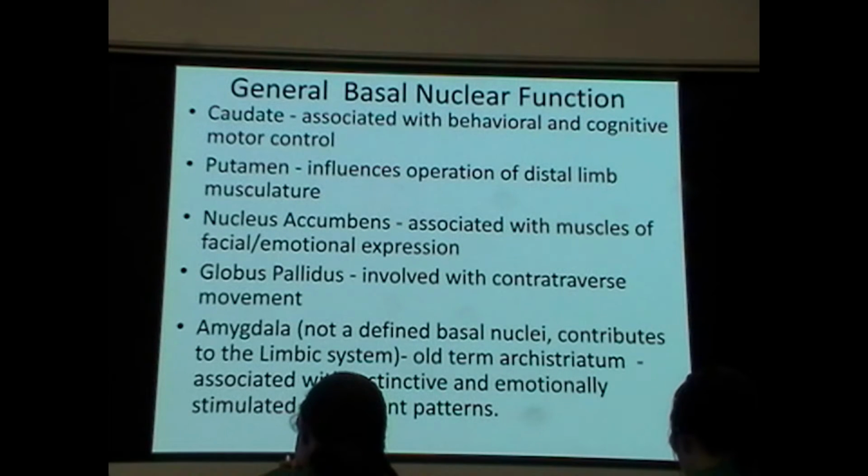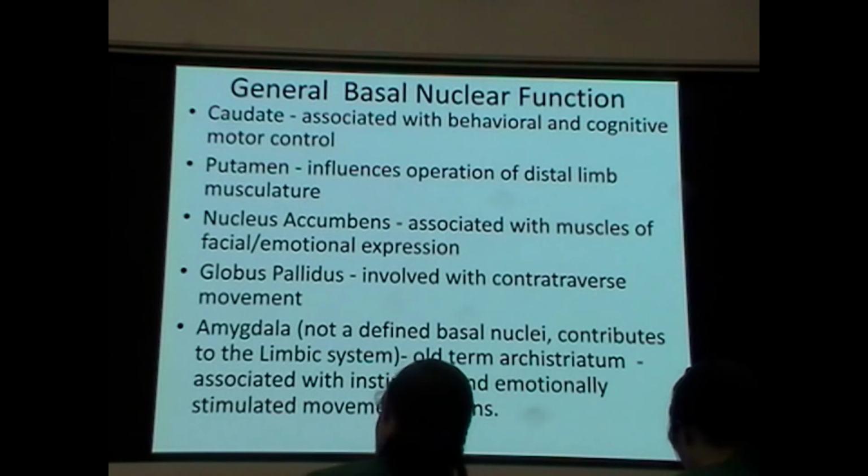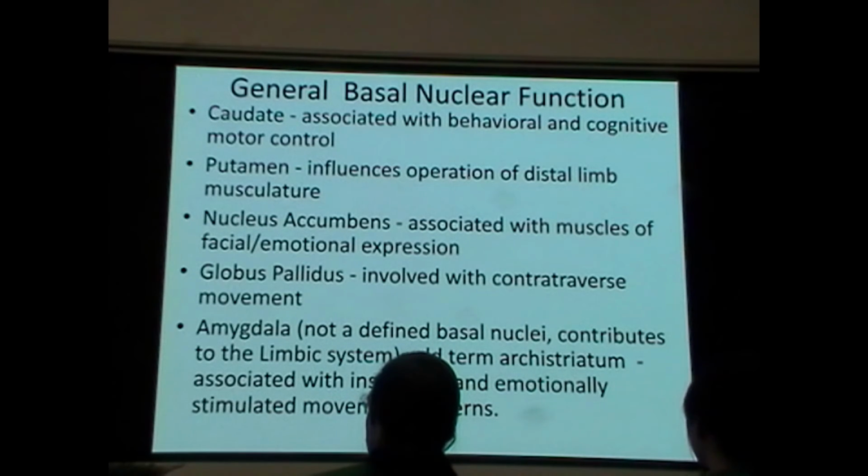Globus pallidus is involved with what's called contratransverse movement. In other words, contratransverse is moving on a transverse plane to the opposite side. Okay, so from right to left, or left to right, or taking our arm and moving it from the center in a transverse plane out, abducting it out to the side.